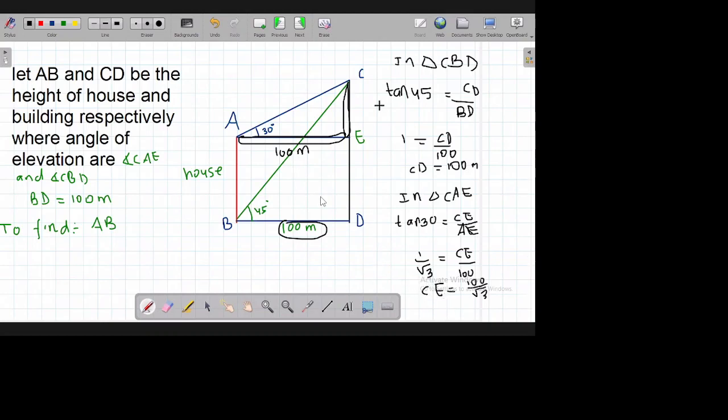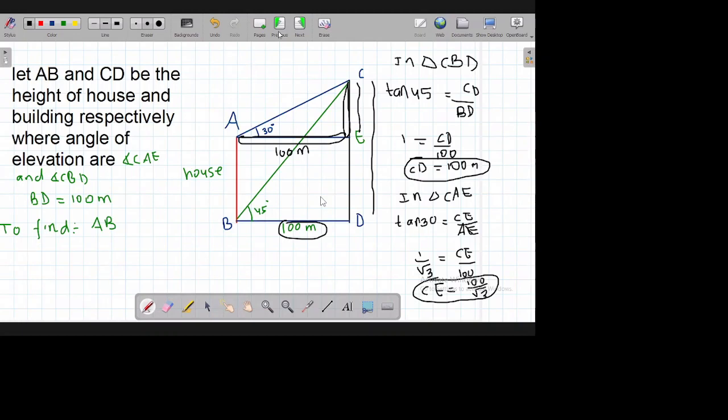Now use the calculator. Now we got CE and we got CD. From CD, if you subtract CE, then we can get ED, and ED means the height of the house, that is AB. In this way we can easily find it.